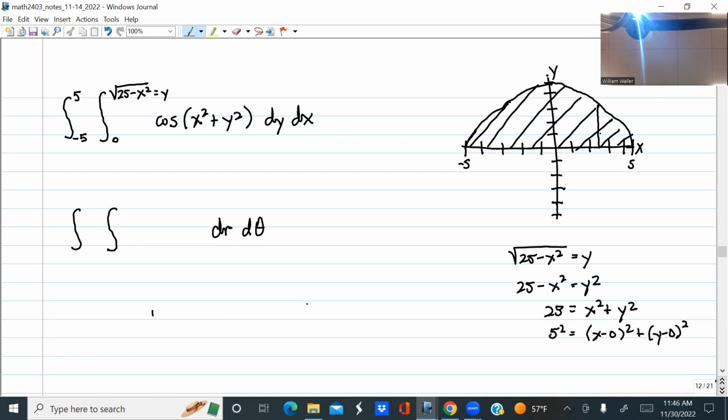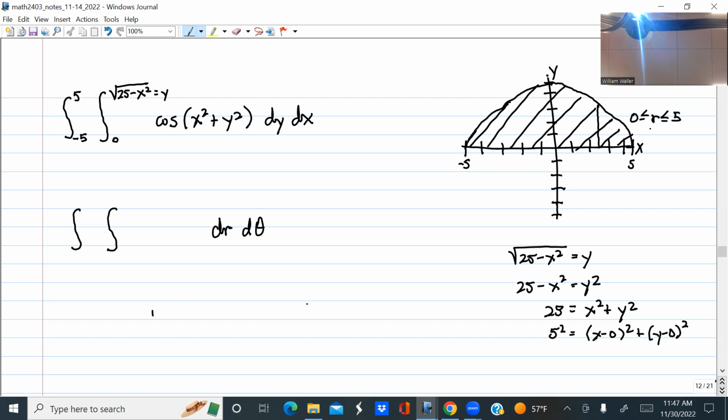How far are these points away from the origin? Any of the points in this region? That's less than 5, right? Okay. So you can describe that region as points having radius less than or equal to 5 and greater than or equal to 0.